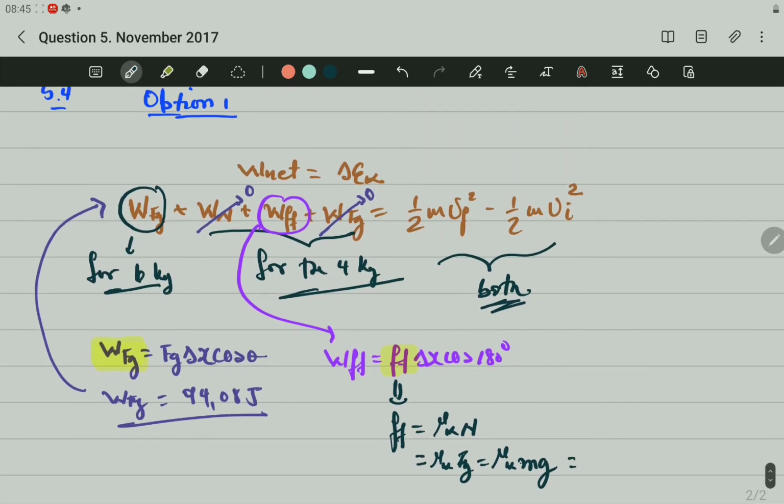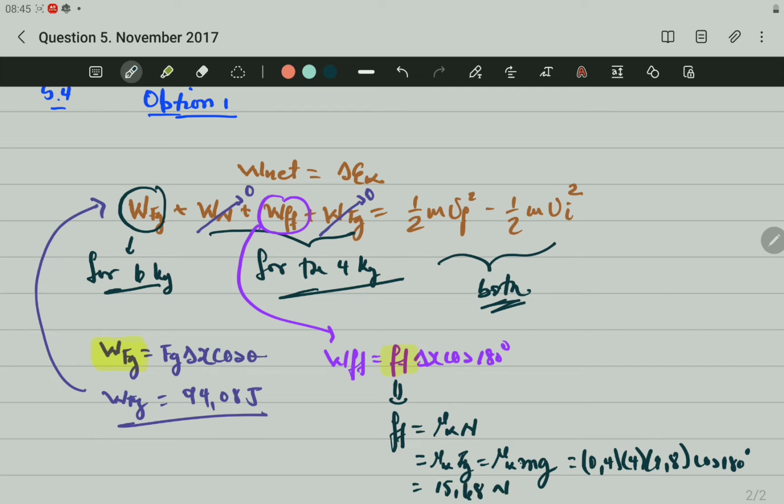And then if you substitute here, you have 0.4 multiplied by 4 multiplied by 9.8. So the frictional force is going to be equal to 15.68 newtons.